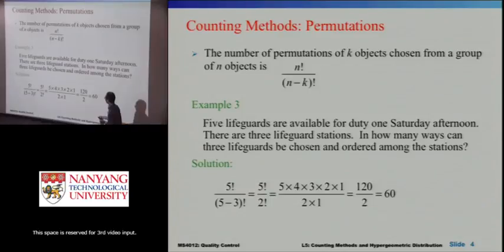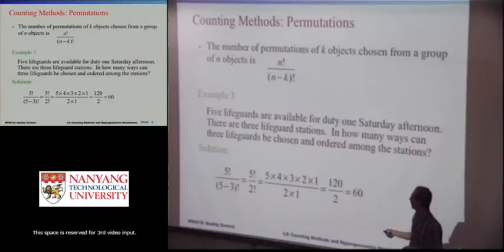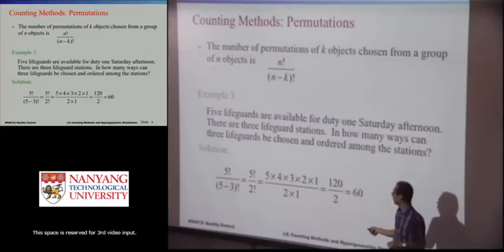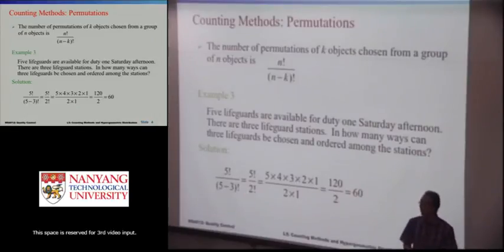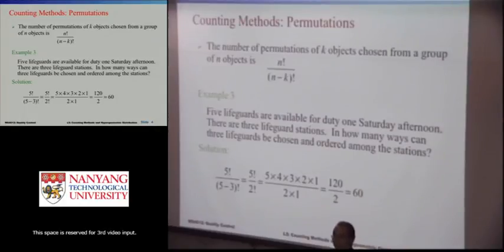So we can plug in this formula and get 5 factorial over 2 factorial, which equals 60. Here the order matters because the 3 lifeguard positions are different, right? If you are in position 1 or you are in station 2, they're different. Maybe station 1 is right under the sun, and nobody wants to be there, right?